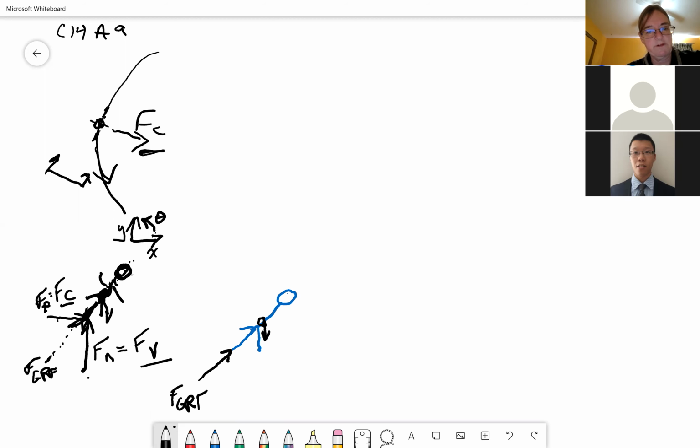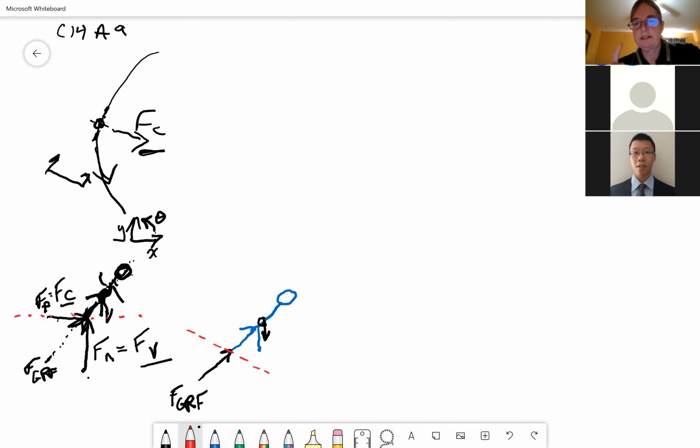Ground reaction force. But let's say instead of flat ground, it's curved, it's banked, at an angle like that.